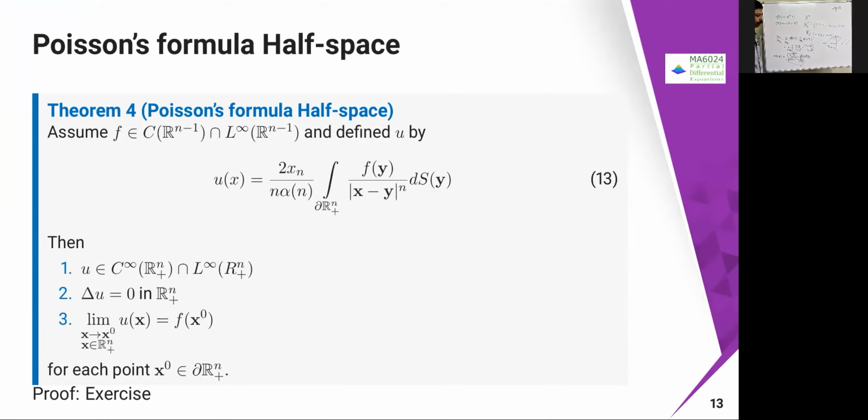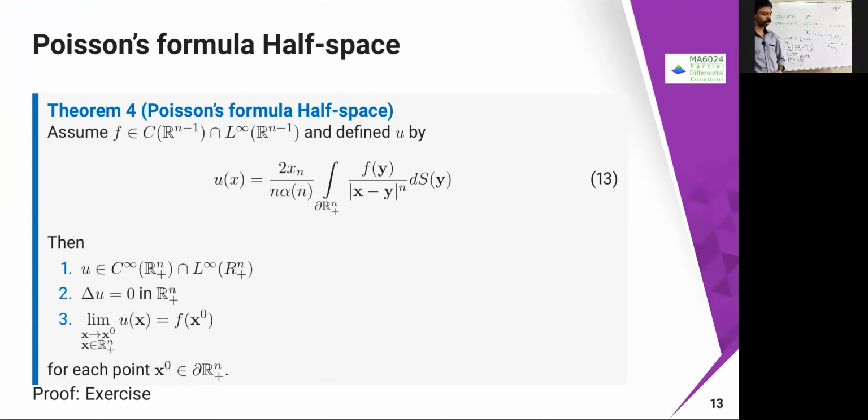Suppose we assume that f belongs to C of R^(n-1), continuous with respect to the n minus 1 variables, and L infinity of R^(n-1), because this is R^n plus, that's why we are putting dou R^n plus. Then u belongs to C infinity.